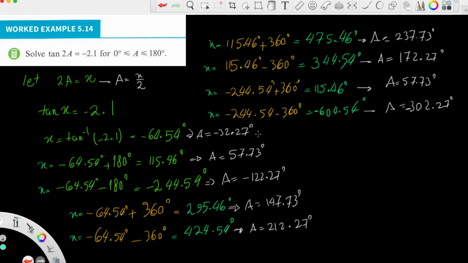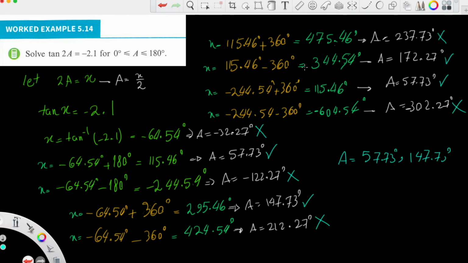So the first one is negative, so no, this one yes, this one no, this one yes, this one no, here no, here yes, here acceptable, but we already found, and this one no. So final answers for a are 57.73 and 147.73 degrees.